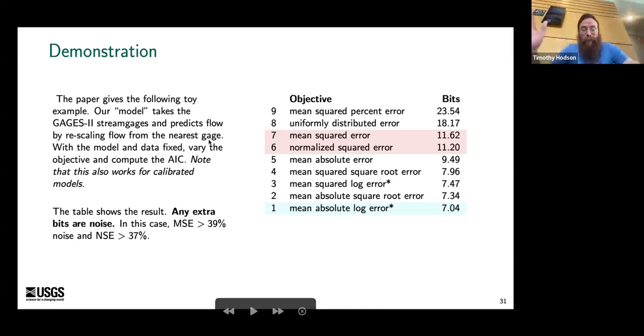But if we're just sticking with this simple question, and again being critical of people that just adopt mean squared error, the question is, given a particular data set, in this case a national streamflow data set, what's the most informative metric for that?